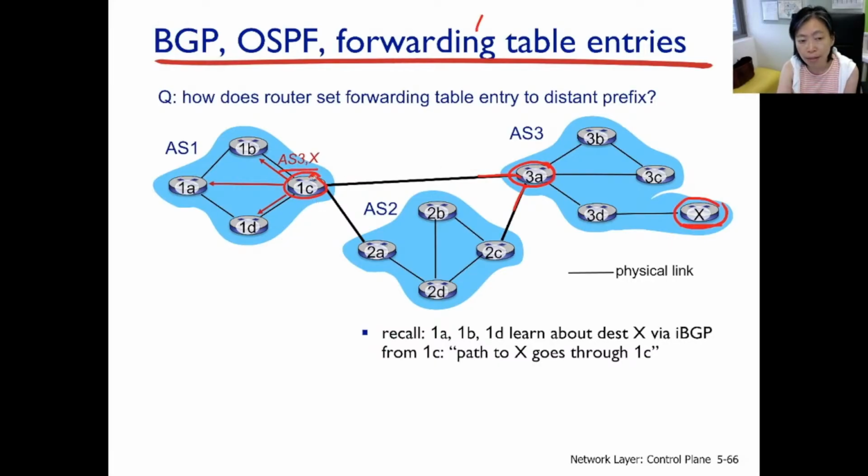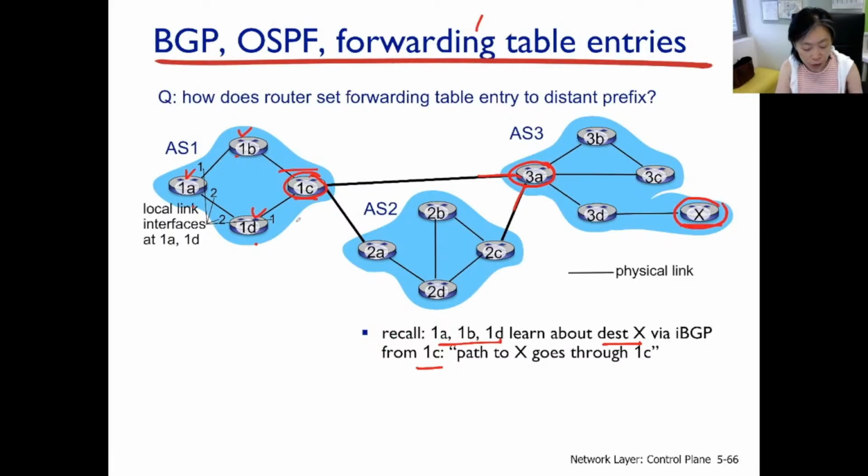And this shorter path is further propagated internally to all routers. So 1A, 1B, and 1D will learn about the shortest path to destination X from 1C. And what 1A, 1B, and 1D will do is, if I ever receive any packets with destination X, then I will forward the packet towards 1C, the border router they received the AS path from.